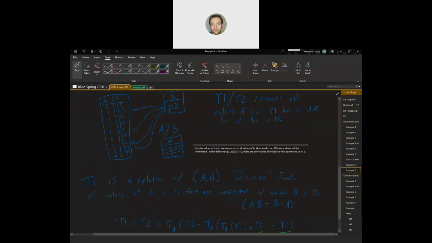And so for all of the possible pairings, you remove from them the ones that actually exist. And so the difference, removing those from the original set, are those that are not connected to every single value.